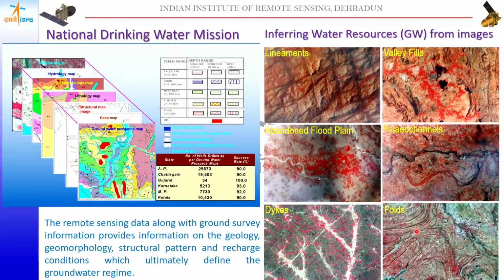And from the groundwater prospect side, we use the base layers of structural maps, lithology map, geomorphology map, and hydrology map. This has been one of the big success stories of using space technology for actual water identification. For major states of India, a 1 to 50,000 scale groundwater prospects map has been given.